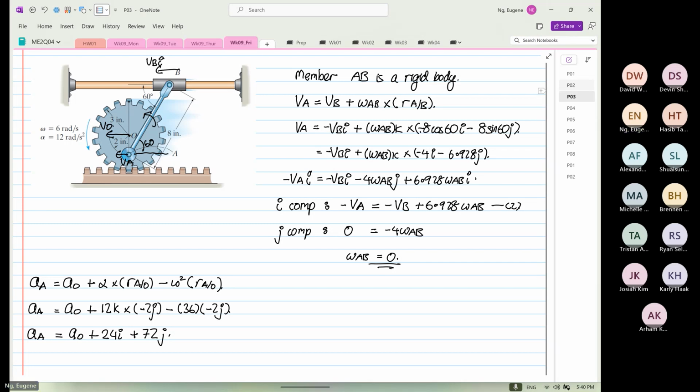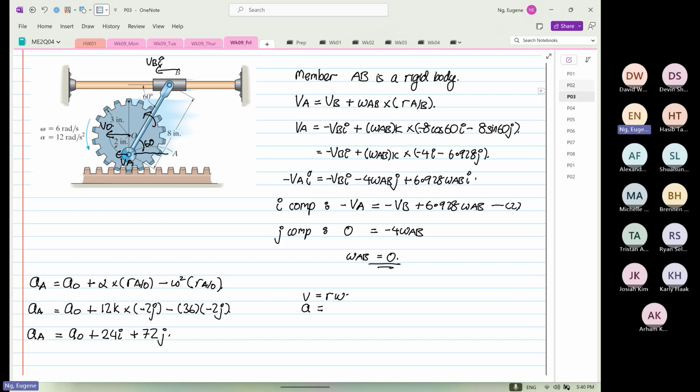Okay. Now there is a formula to determine A naught. So I can't remember the formula. Anyone? So we know that V is equal to R omega. Am I right? So acceleration is equal to what?